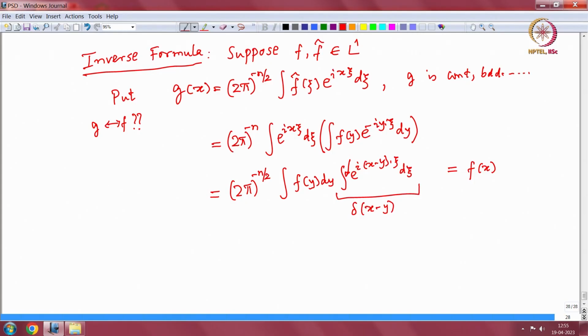So, we do expect that we can certainly define this function, and we do expect this g to be our f. So, we are getting back f, but it requires some work. It is a lengthy calculation, so let me stop here and I will take up this inverse formula in detail next time. Thank you.